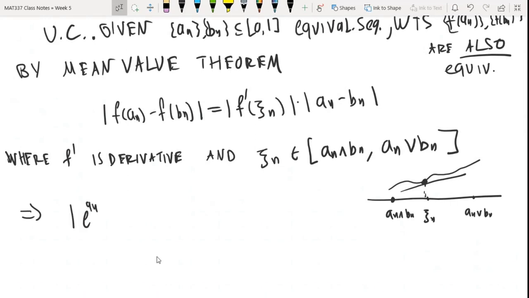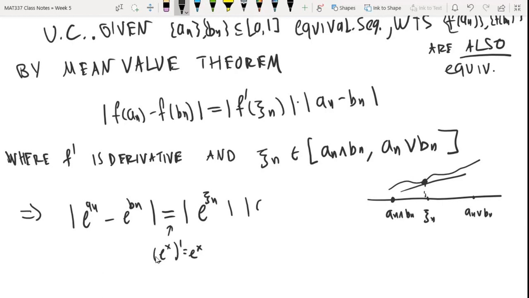It says that e of an minus e of bn is equal to e of psi n, because the exponential is its own derivative, times an minus bn.